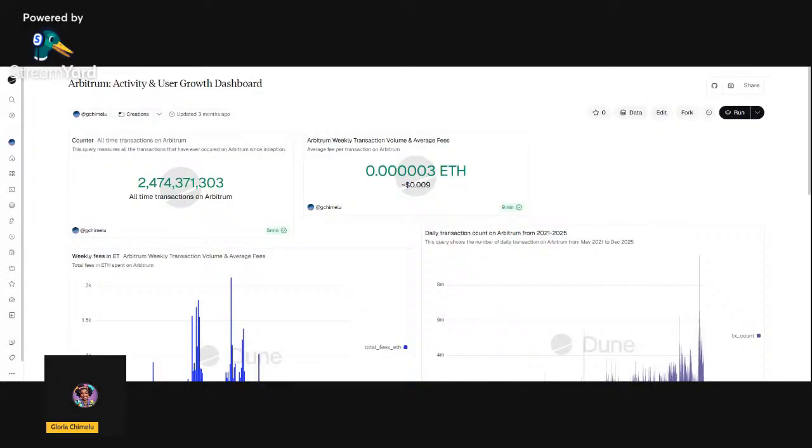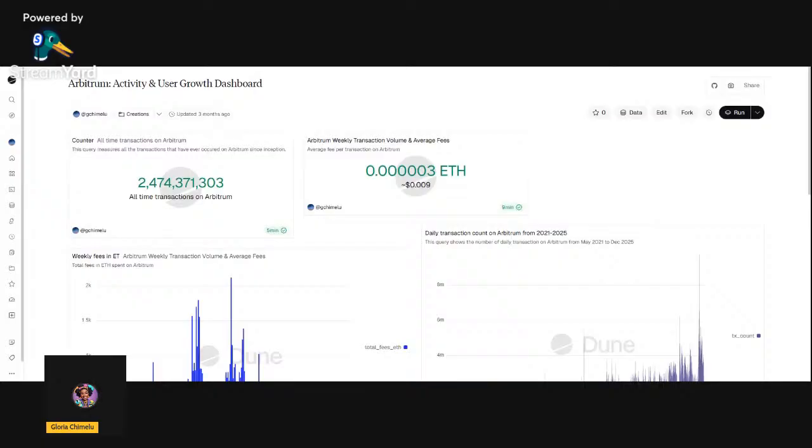So this dashboard is going to be in SQL. Why did I choose Arbitrum, and why did I choose to look at activity and user growth? There was a conversation on Twitter 3 months ago that Arbitrum was one of the fastest growing L2s.